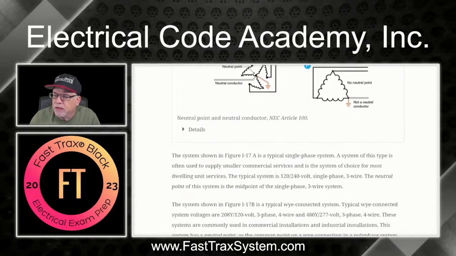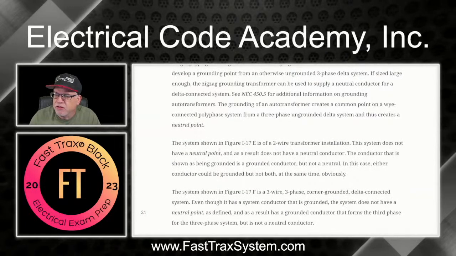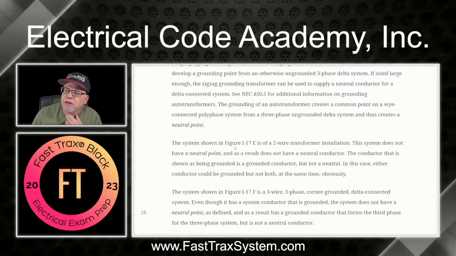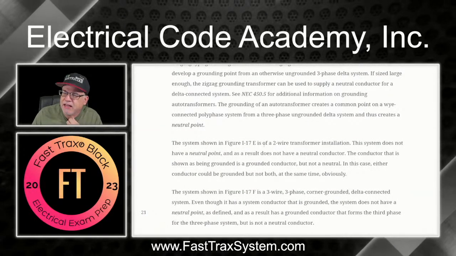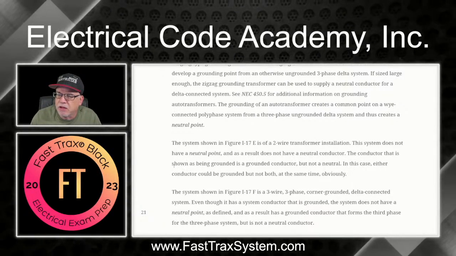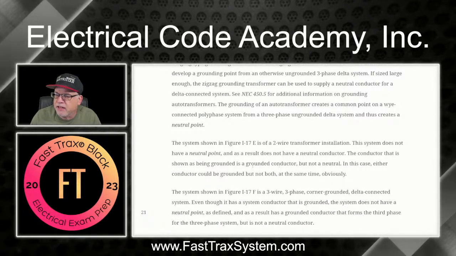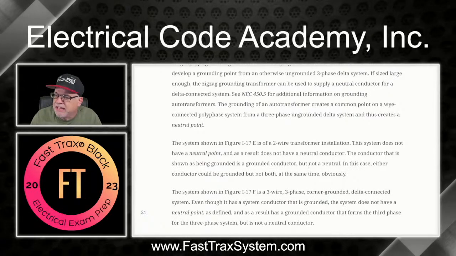Very important. So if we go down real quick and look at that E one right here, it says, check this out. The system shown in figure 117E is of a 2-wire transformer installation. This system does not have a neutral point, and as a result, does not have a neutral conductor. The conductor that is being shown is grounded, a grounded conductor, but not a neutral.